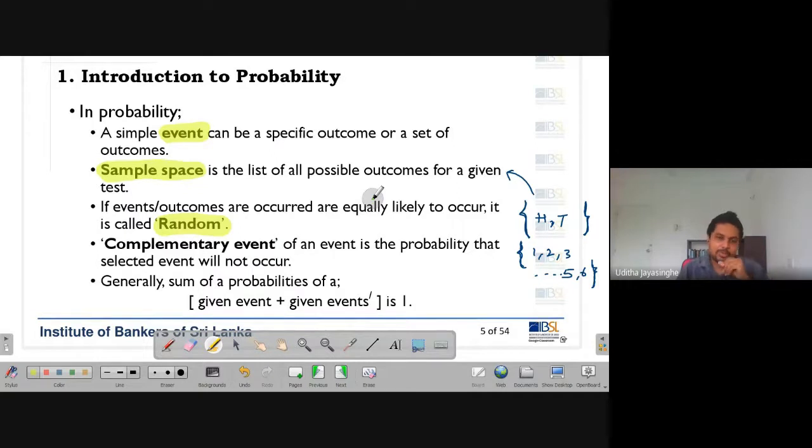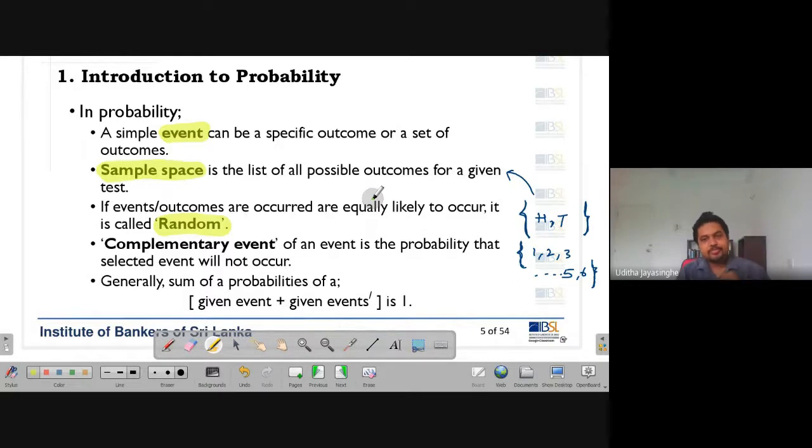Something like 60-40, a biased probability. So in such events, we can't call it a random event. If it is purely random, then coin flipping has to be 50%, 50%, and dice throwing should be 1 divided by 6 for each face.